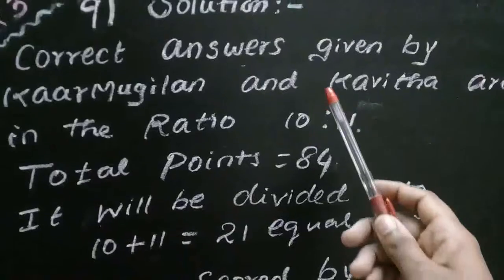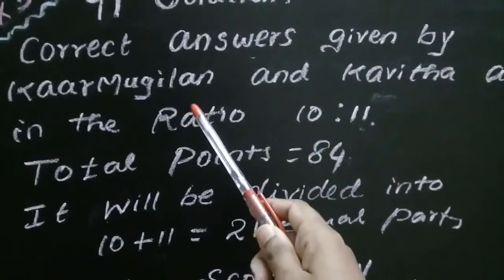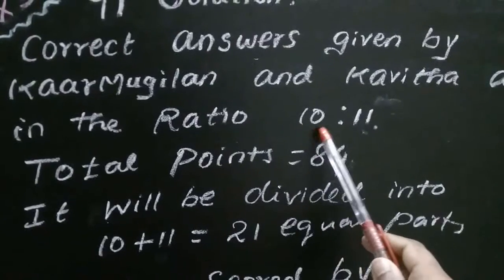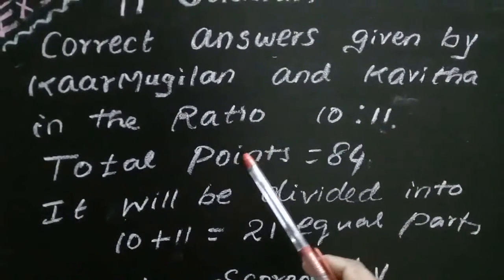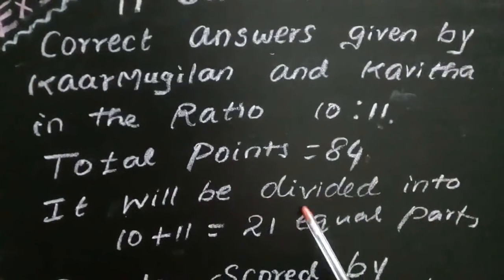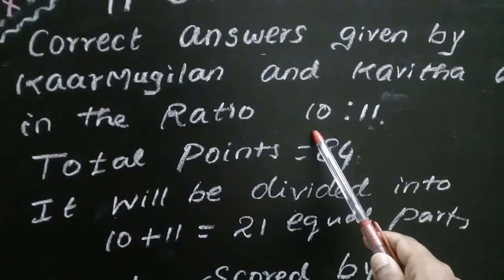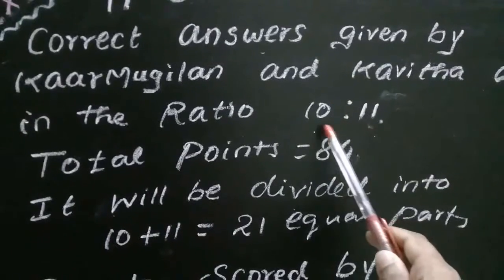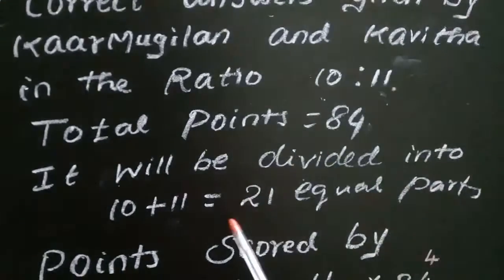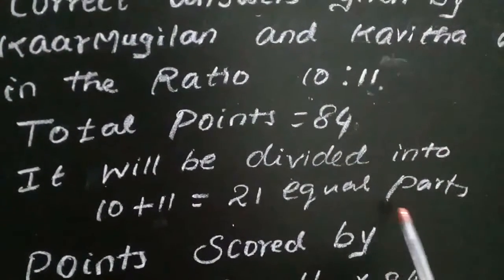Correct answers given by Karmugilan and Kavita are in the ratio 10:11. So total points are 84. So it will be divided into 10 plus 11, that is the ratios of Karmugilan and Kavita. The answer is 21 equal parts.